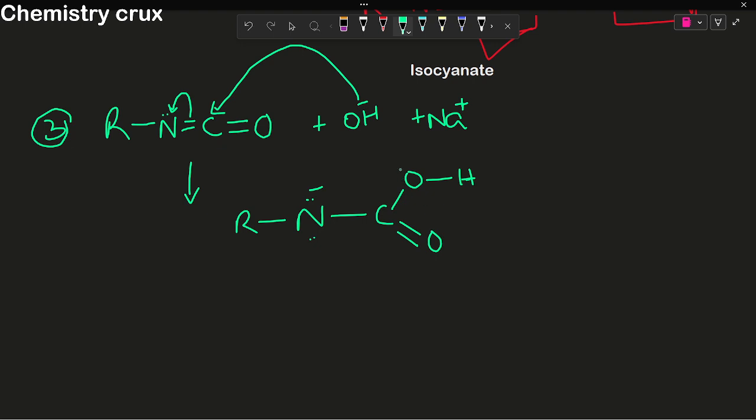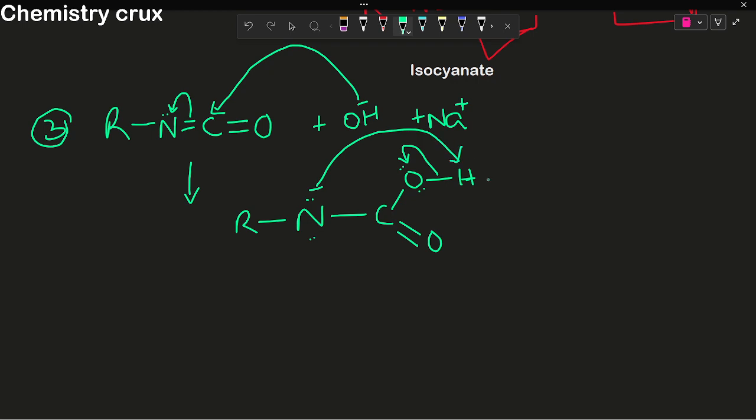Now what happens is that this oxygen takes these bond pairs and converts them into a lone pair, and this nitrogen donates its electrons to this hydrogen.